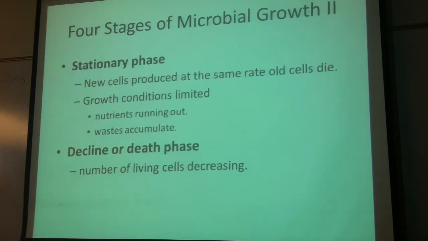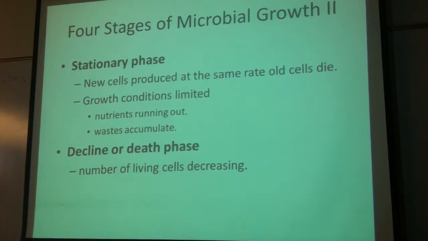Okay. Stationary. They keep producing, but the old cells are starting to die. All cells have a replication limit. After they've hit so many cell divisions, they stop dividing and they die. They're considered old.